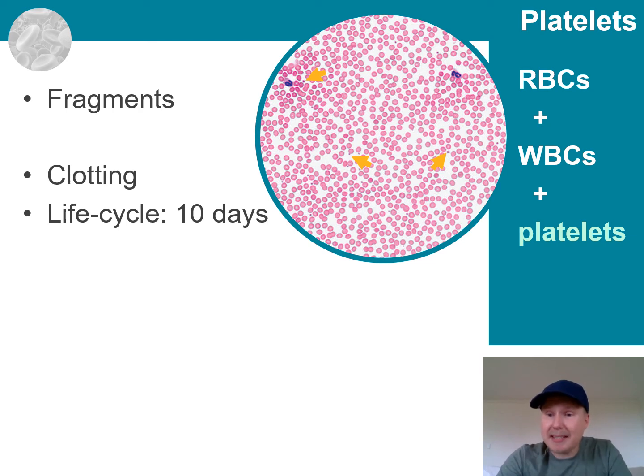They do this by several chemicals such as serotonin, calcium, enzymes, ADP, and platelet-derived clotting factor. What they do is form a temporary platelet plug that helps to seal the breaks in the blood vessels. And they age really quickly, lasting for only about 10 days.